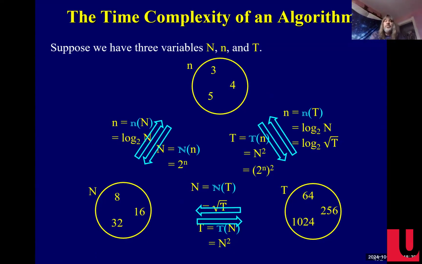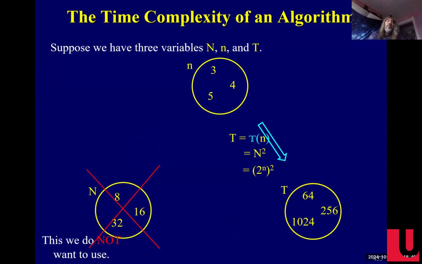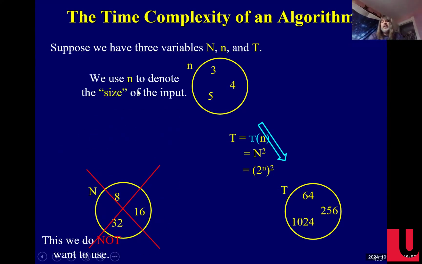Now, why do we do them? Well, we might know some of these functions, but we want to know the other functions. So, for example, capital N might be a value that we just don't want to think about because we think it's bad. On the other hand, little n we use to denote the size of the input.